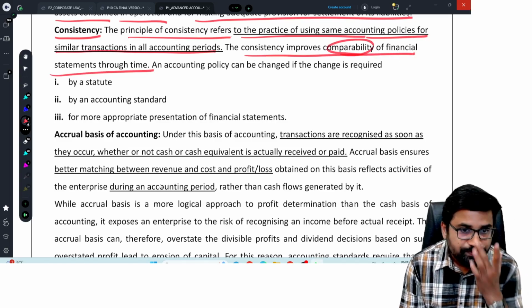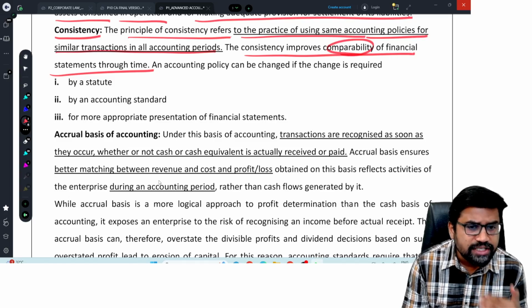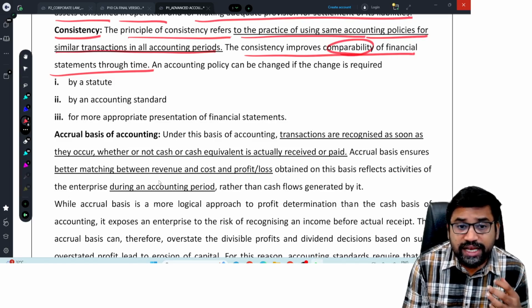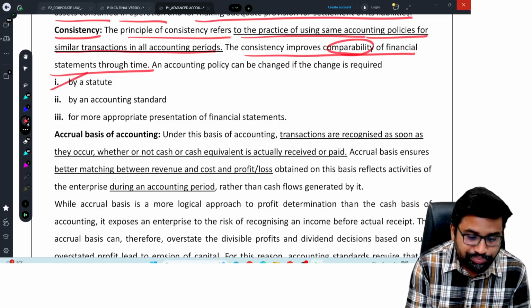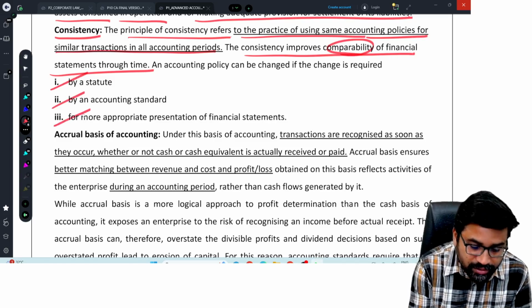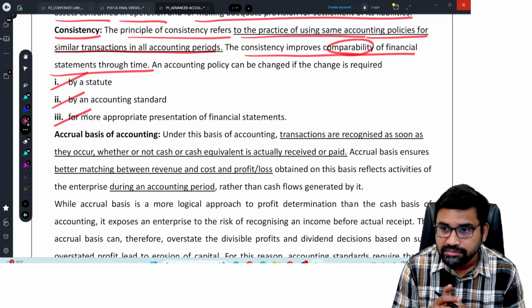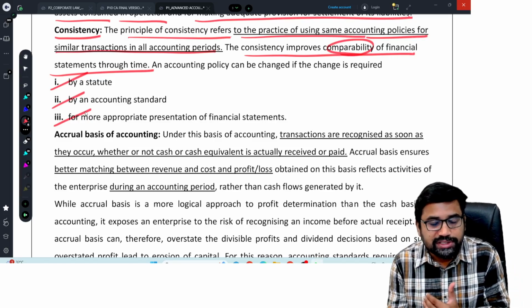But of course, the standard says we are not saying that you cannot change an accounting policy, but better you follow consistency. There are three situations where you can change the accounting policy you are following: by statute, by an accounting standard, or for more appropriate presentation of financial statements. When the law requires, then you can change the policy.